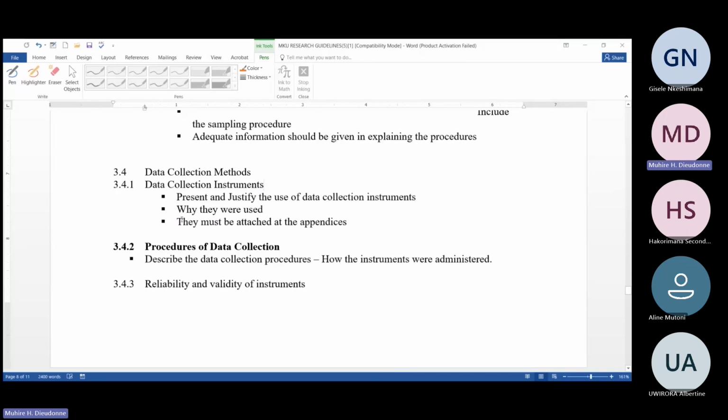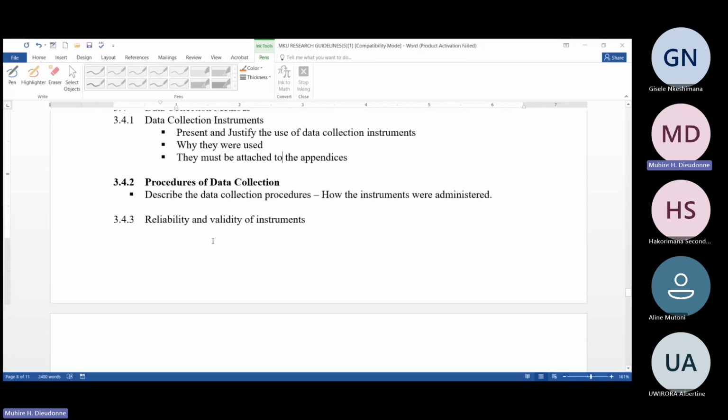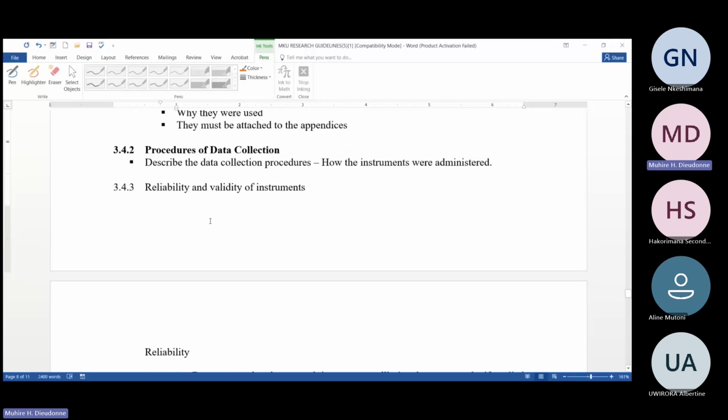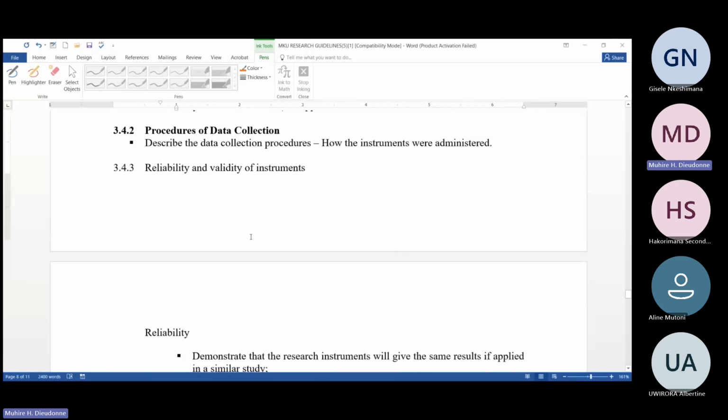They must be clearly attached in the appendix. Yes, it should be there. And then we have the procedure of data collection, which must be detailed. Describe how you will do data collection. Reliability and validity of your instrument must be demonstrated.